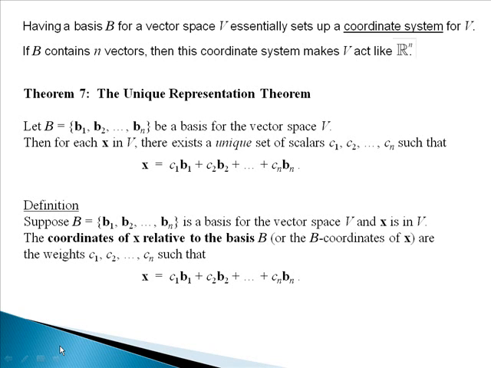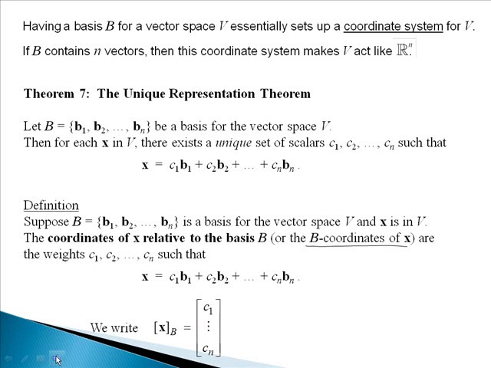Now this definition says if we suppose that this beta is a basis for our vector space V and x is a vector in V, then the coordinates of x relative to the basis B, or we shorten this saying the beta coordinates, B coordinates of x, are the weights such that we can write x as this linear combination of our vectors from the basis.